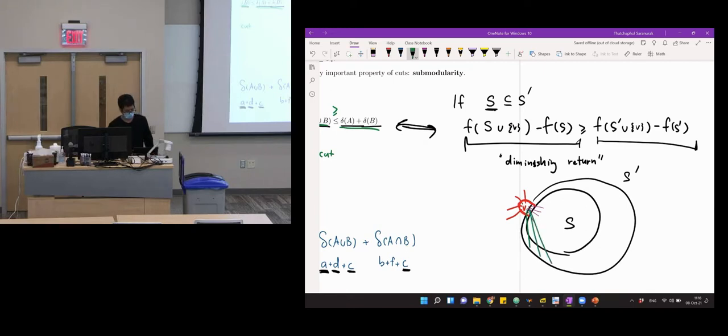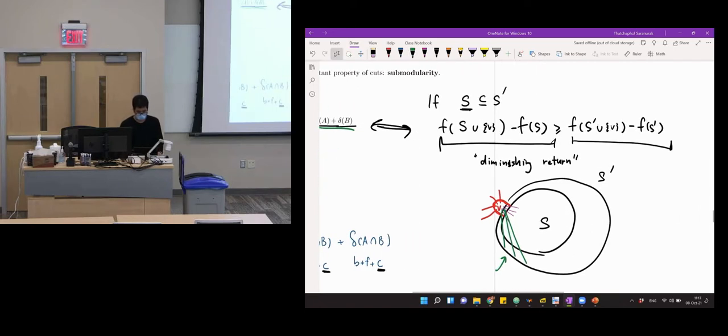So this green thing actually decreases for S prime, but it increases for S. Good. Yeah, I think this might be a bit easier to think about.